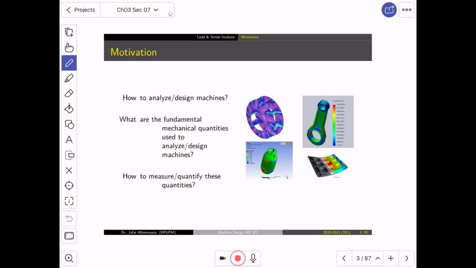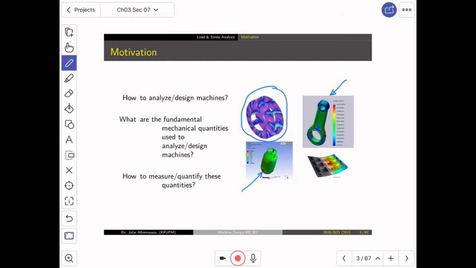But in real life, this is what you see. You see something like an impeller of probably an industrial machine. This is a blower, actually. This is a link of a crankshaft. This is a pressurized cylinder.